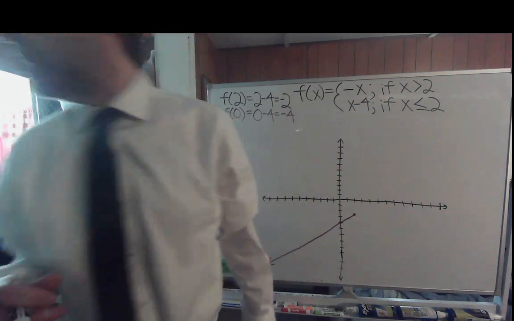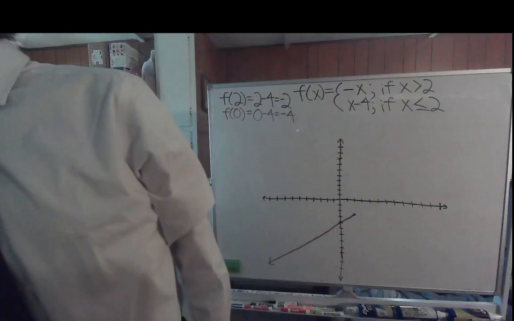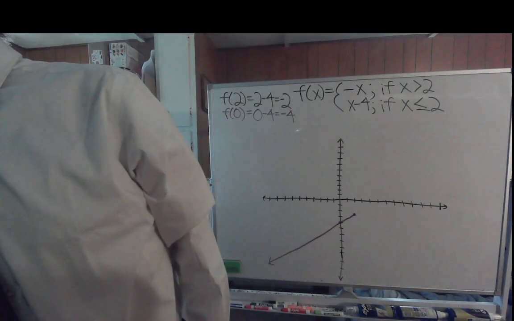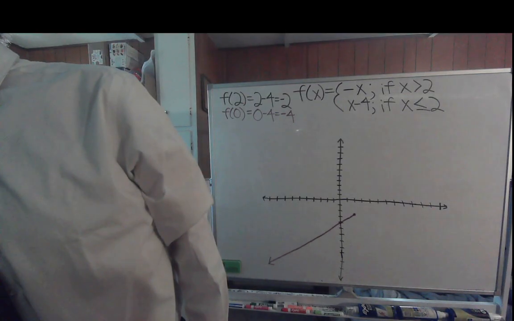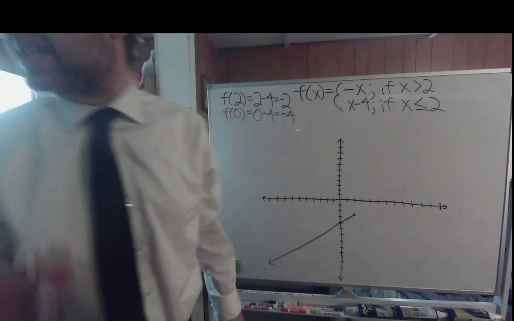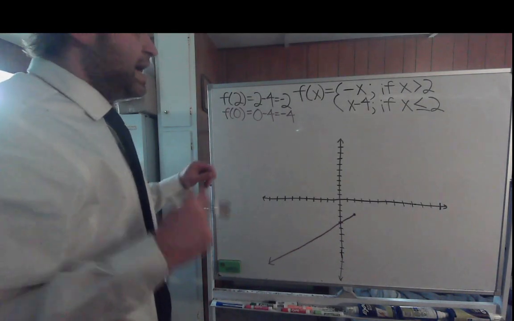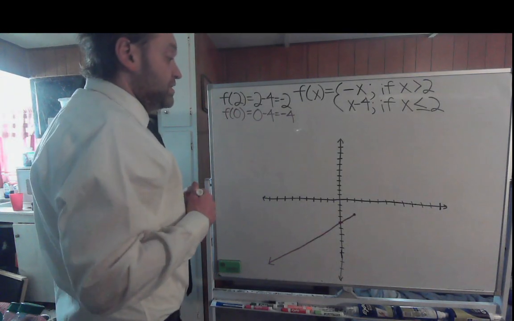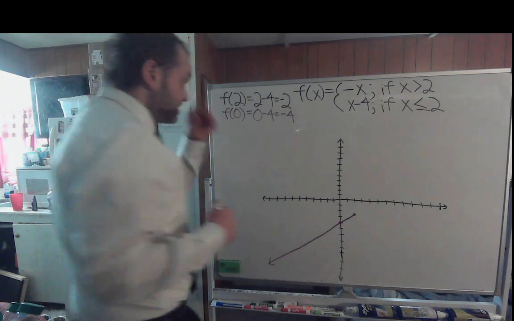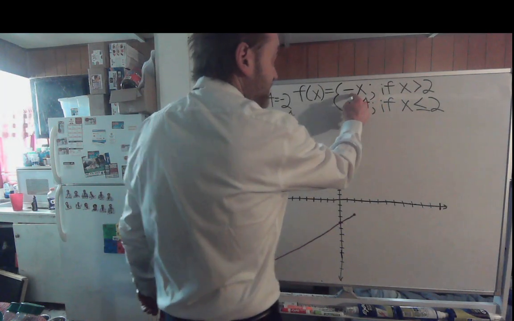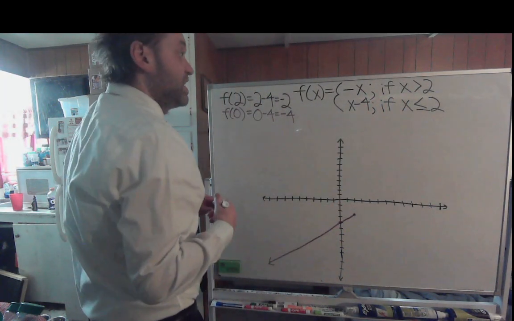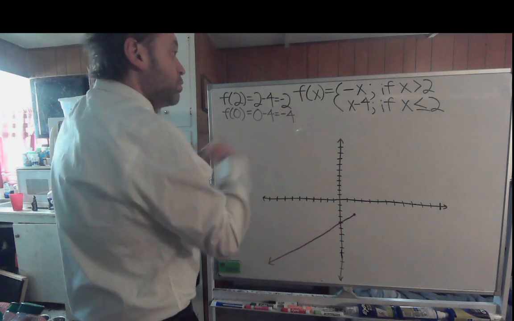You can sometimes have that. In fact, we'll do an exercise like that in a minute where it's disconnected. But anyway, in this case, if you put in 2 for -x, you would also get -2. It checks out there.